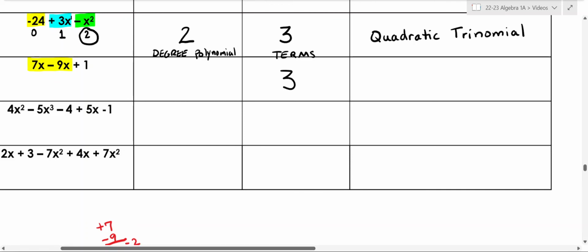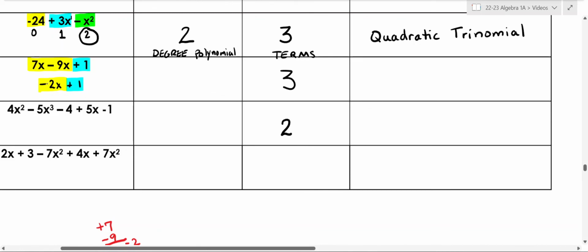So this becomes negative 2x plus 1. Clear? So now we have this term and that term. So we really only have 2 terms. Ooh, I almost made a mistake. So you must simplify first and combine all like terms.